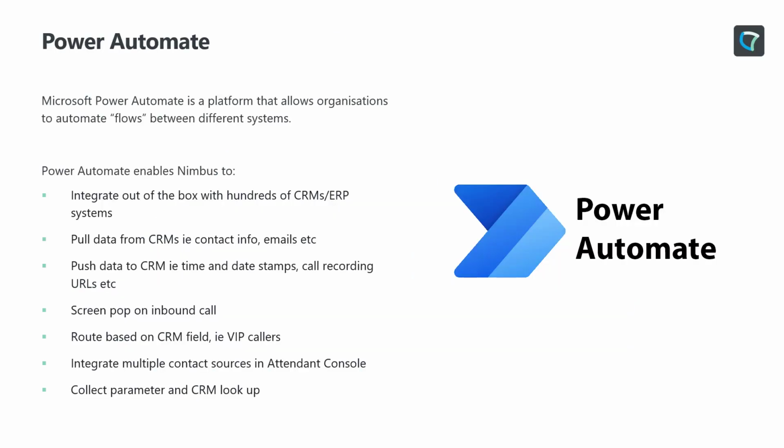We're going to look at how we can integrate into third-party CRMs like Dynamics, ServiceNow, and Salesforce. We're going to show you how we can pull information from those CRMs into Nimbus to provide timely insights and information to the agents about the incoming caller.